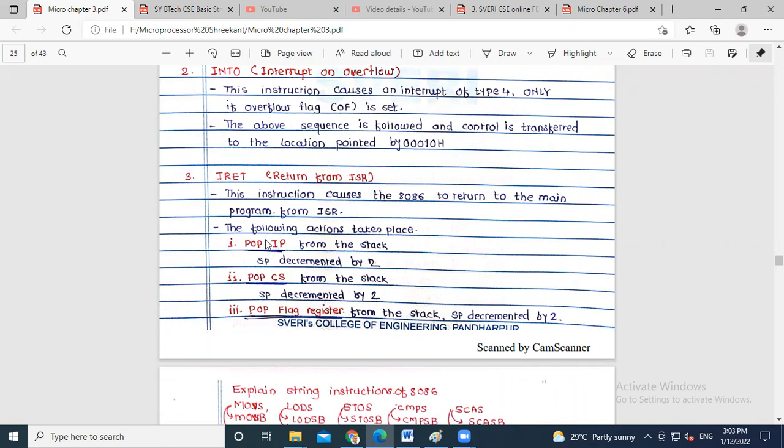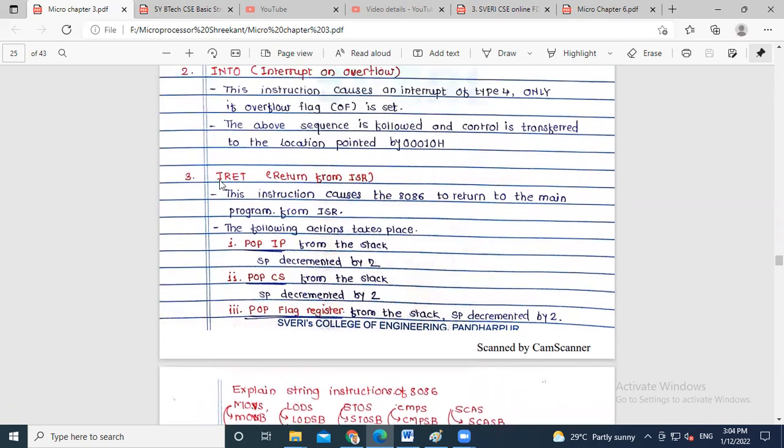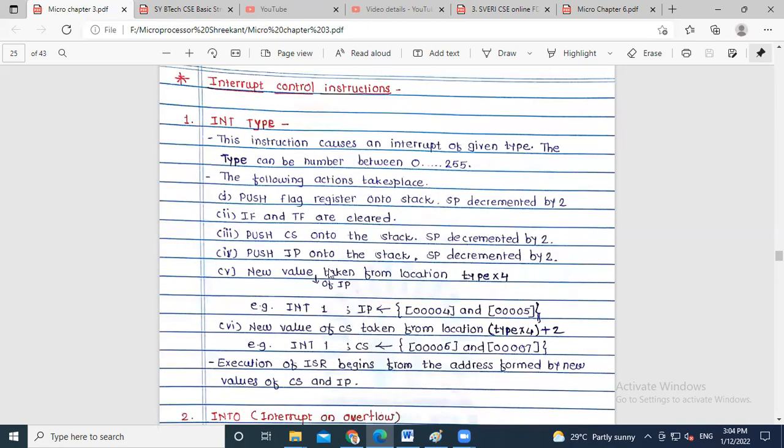Pop IP means popping the instruction pointer, pop CS the code segment, and then the flag register. From the stack, the instruction pointer, the code segment and the flag register are popped, and the stack pointer is adjusted by 2 each time. This happens in IRET, return from ISR, the interrupt service routine. So again, these three.